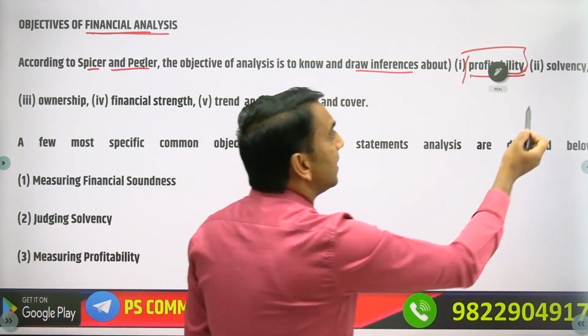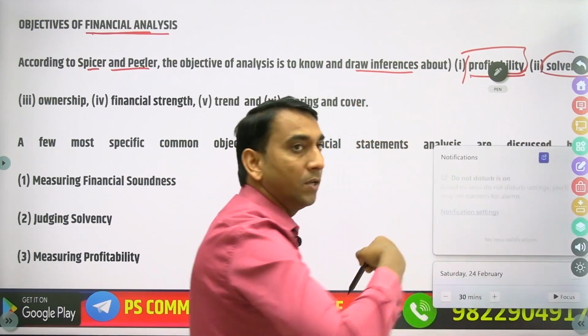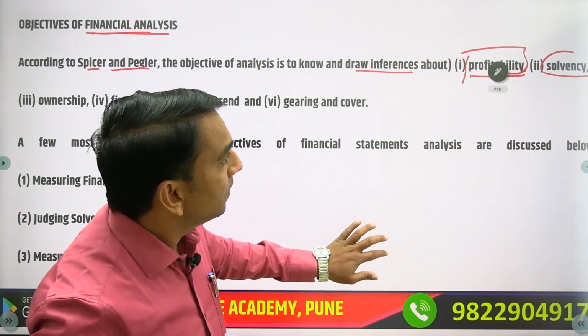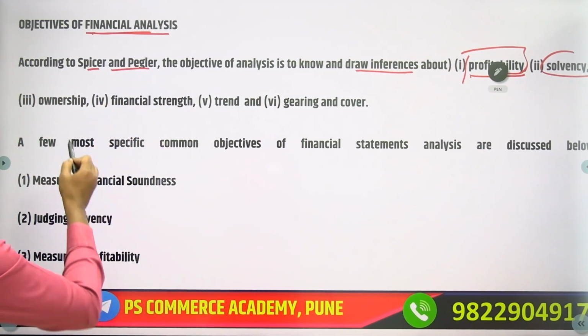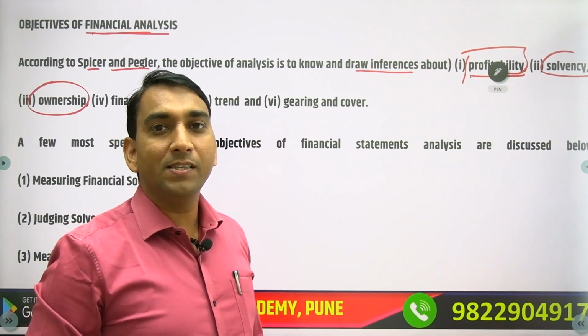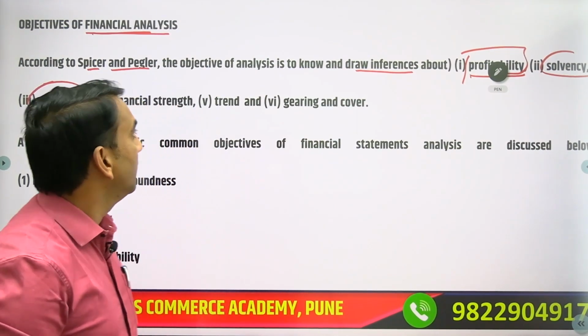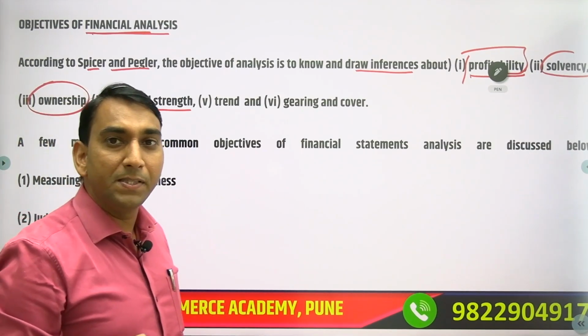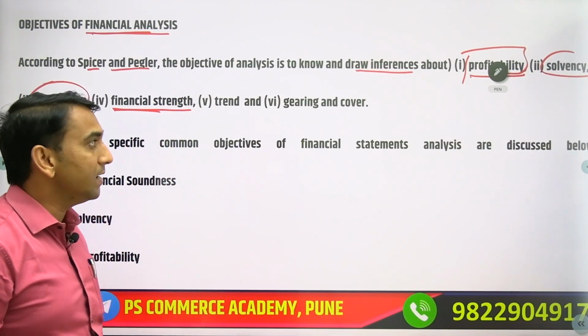Then the second part is that I am going to check the solvency, whether the business is solvent or not. Then the third part is ownership. How is the ownership? How many preference shares are there? How many equity shares are there? Then financial strength. What is the financial strength of the business? To check that I have to do the financial analysis.